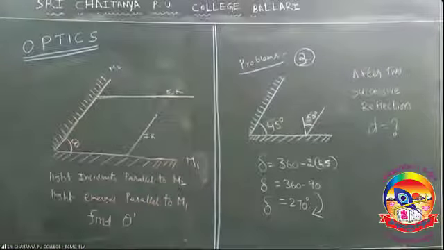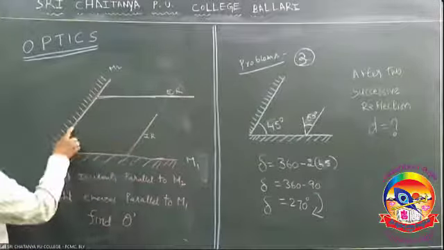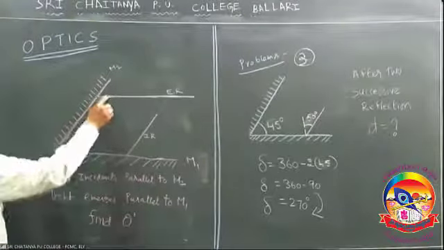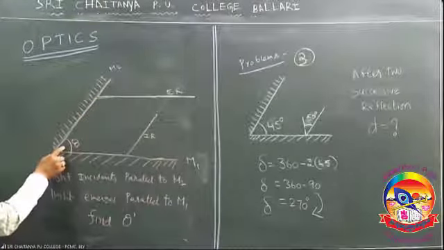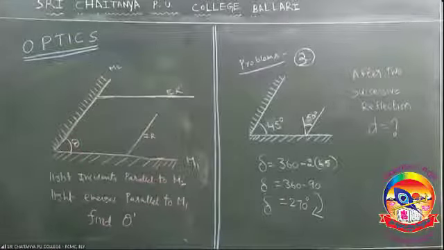If you understand, it is a very good problem. This one and this one are parallel. You are asked to calculate theta, the angle between the two mirrors. I am explaining the two reflections concept.